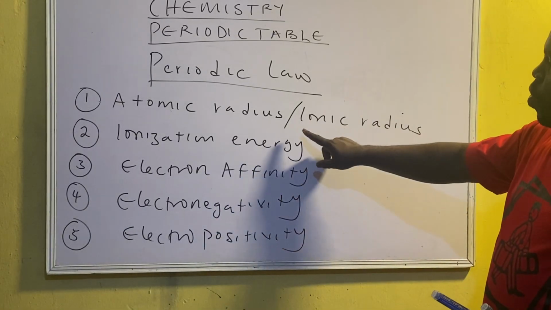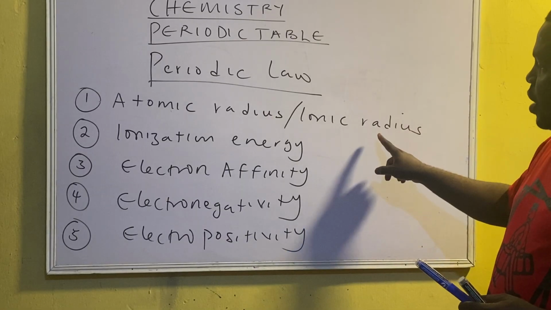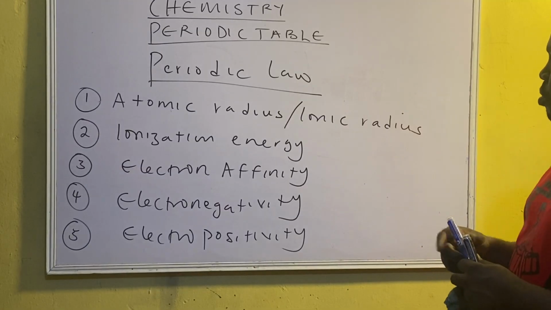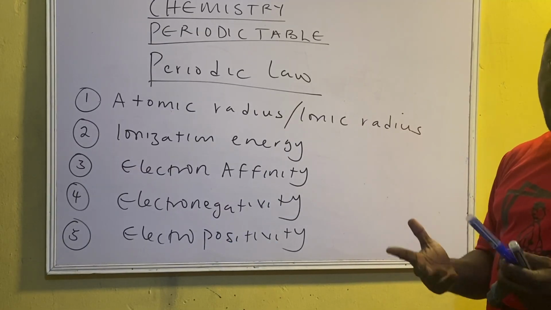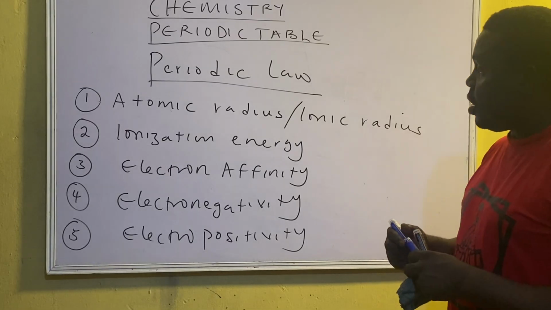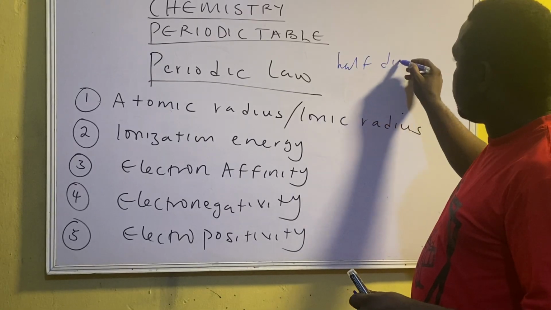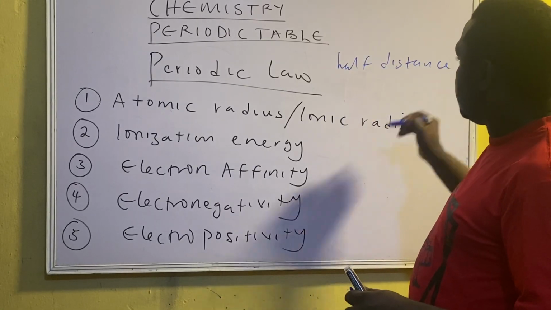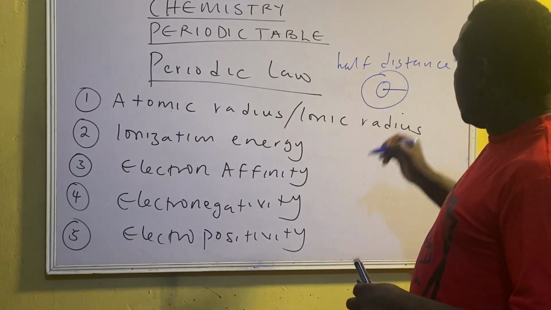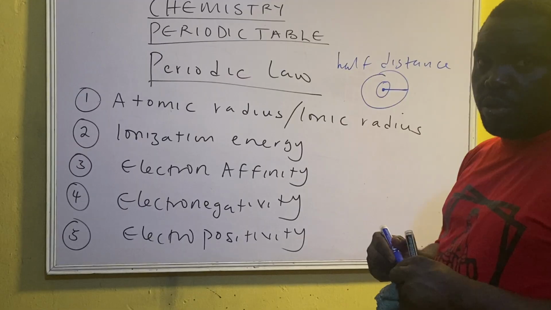So what is atomic radius, and what is ionic radius? How do you compare these two? Atomic radius is just talking about the size of the atom, right? So it refers to the half distance between the nucleus and the outermost shell.